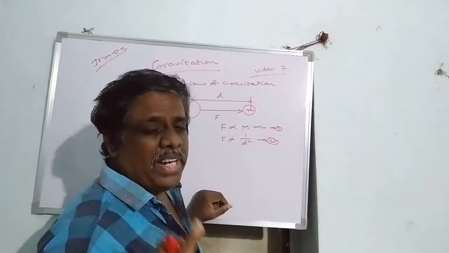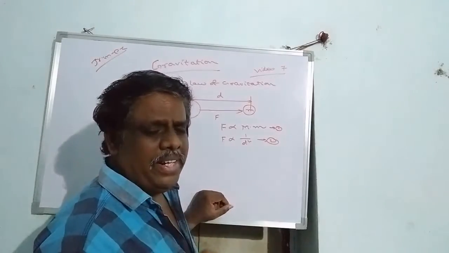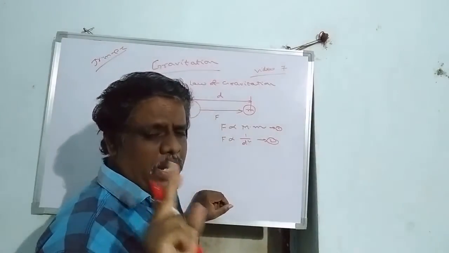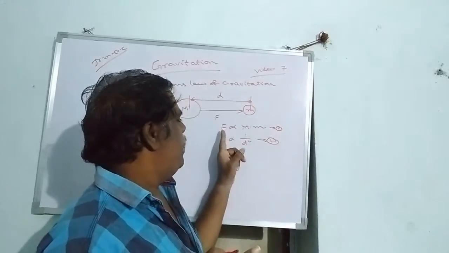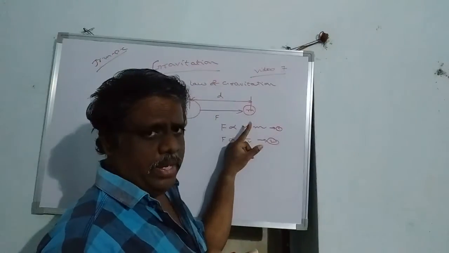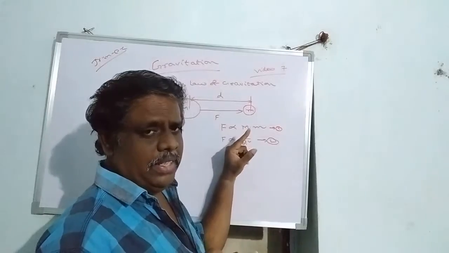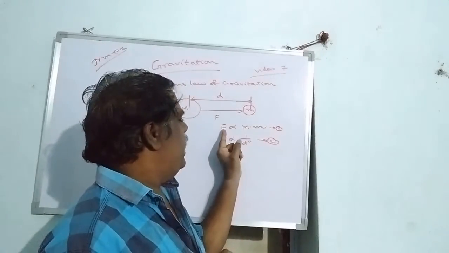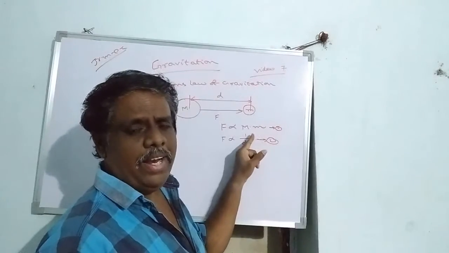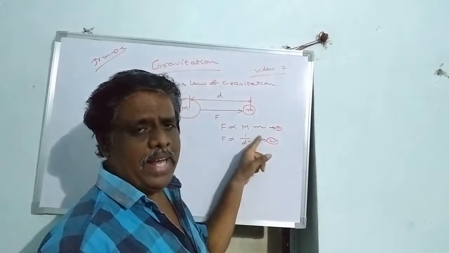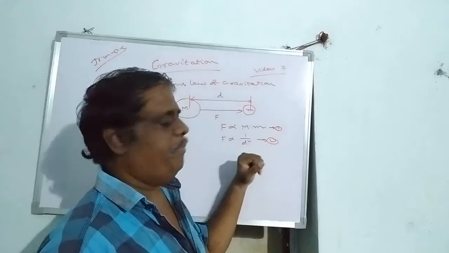According to Newton's law of gravitation, there are 2 important points we have to remember. The first point: every body attracts another body in the universe with a force directly proportional to the product of their masses. Here capital M is the mass of the planet, small m is the mass of the body.